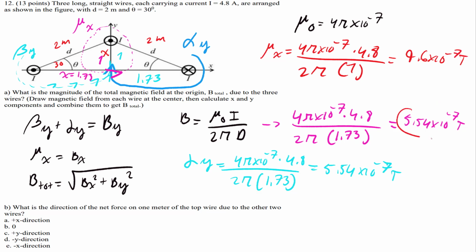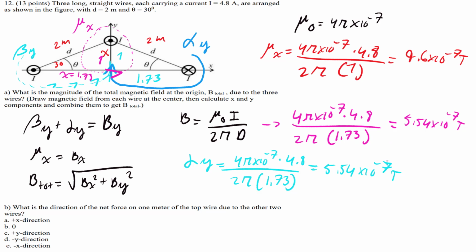Okay, so now we just have to add beta sub y and then alpha sub y together. So we're going to be adding them together. So let's see. 5.54 times 10 to the negative 7 plus 5.54 times 10 to the negative 7.